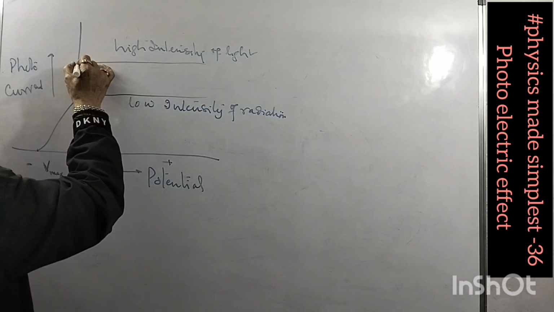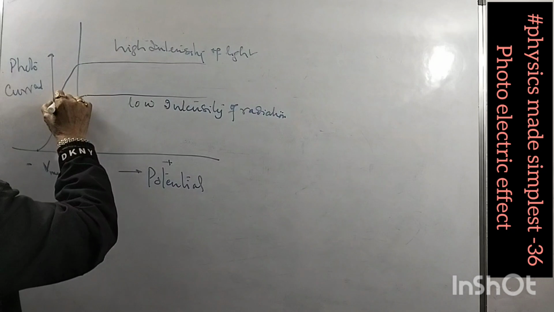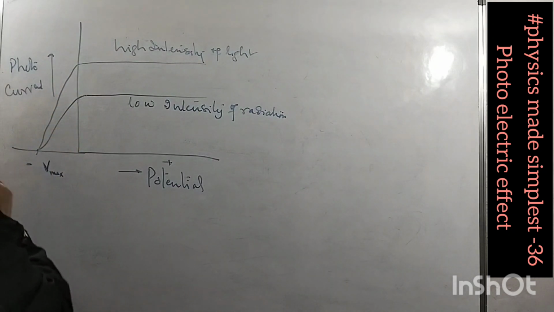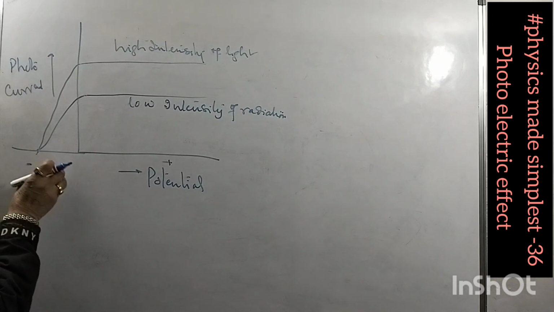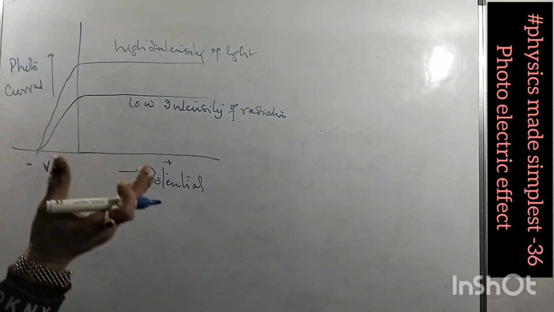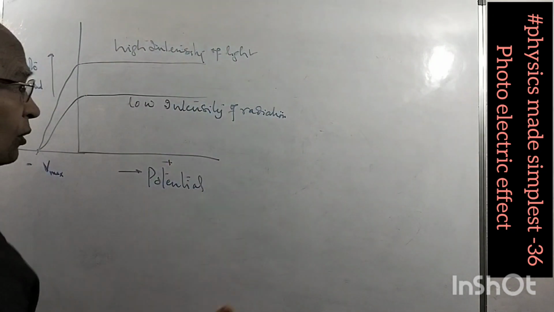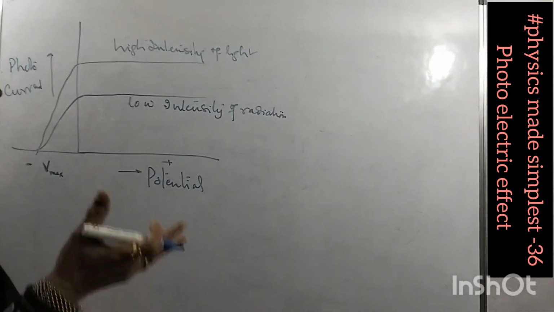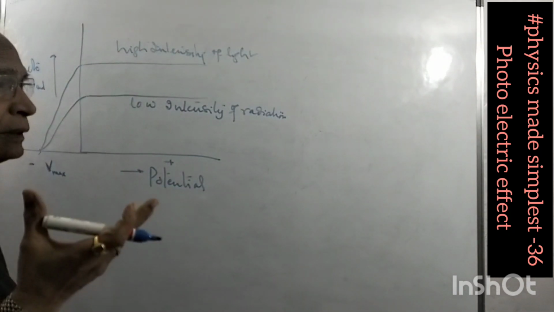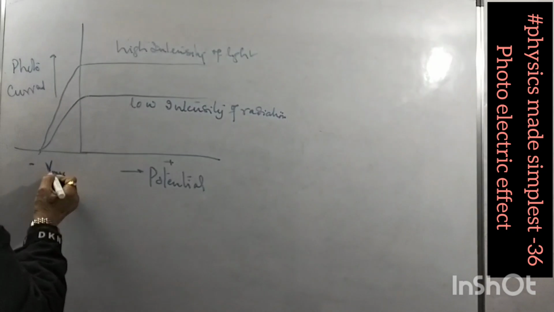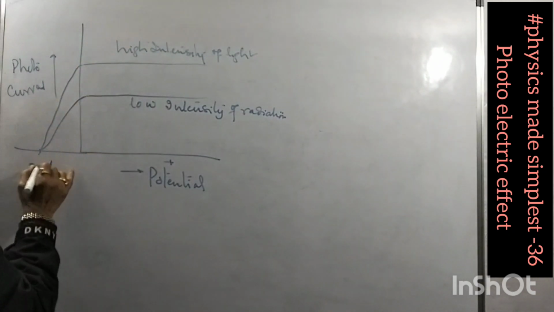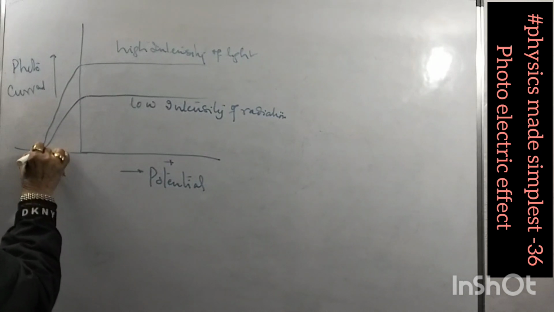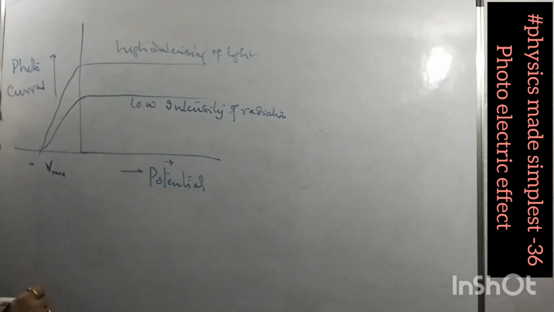But on this side, current decreases so that this becomes zero current. Current becomes zero means V max is the same value, because the energy of electron for one particular light, one particular plate is constant. So you change the intensity, more current will be there, but the V max value will be the same to make zero.